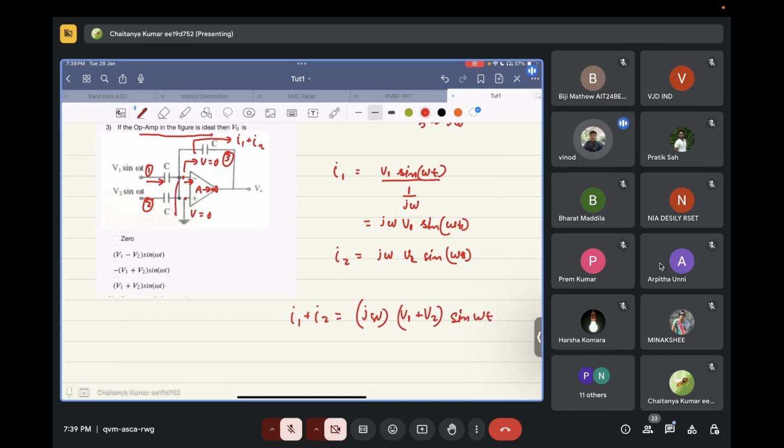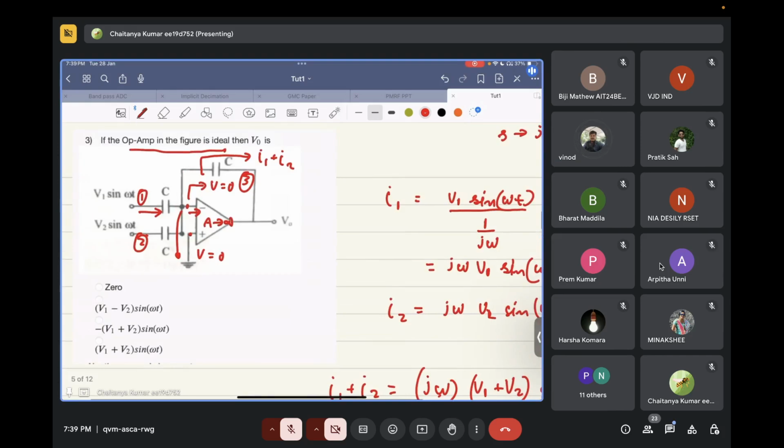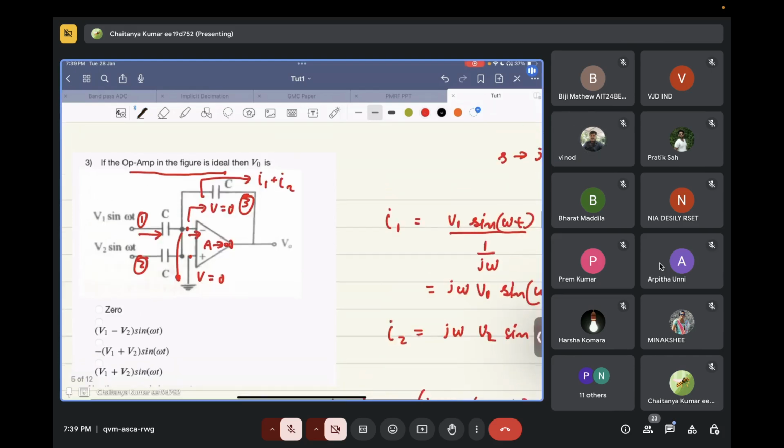Now this voltage was 0, right? Yes, this voltage was 0, and there is some current, I1 plus I2, flowing through this capacitor. So what will be the voltage drop across this capacitor?